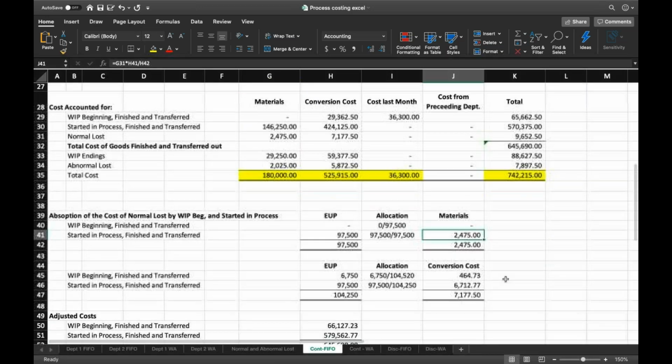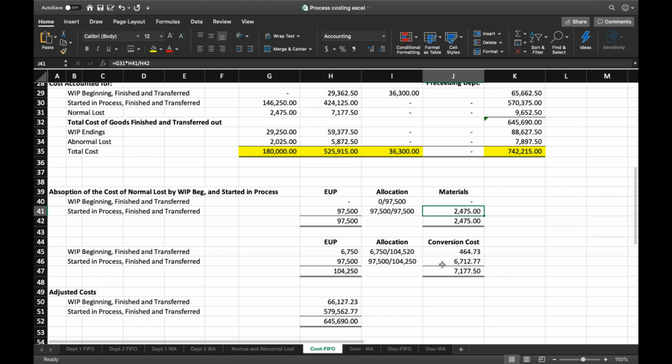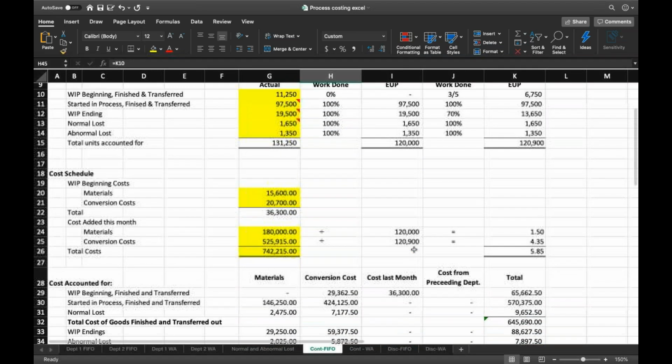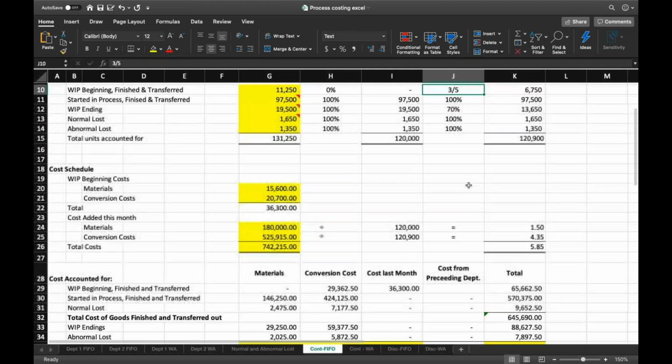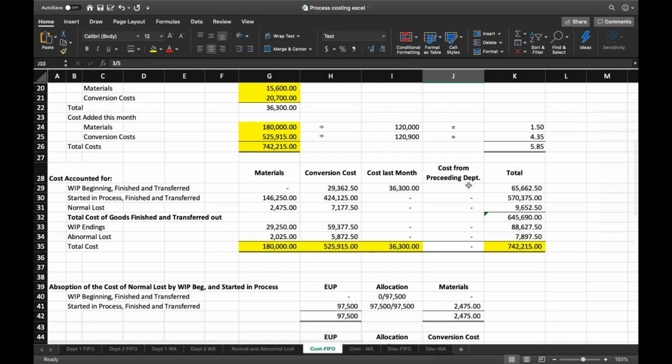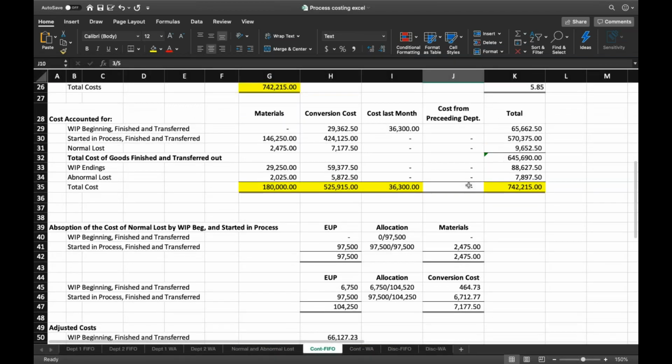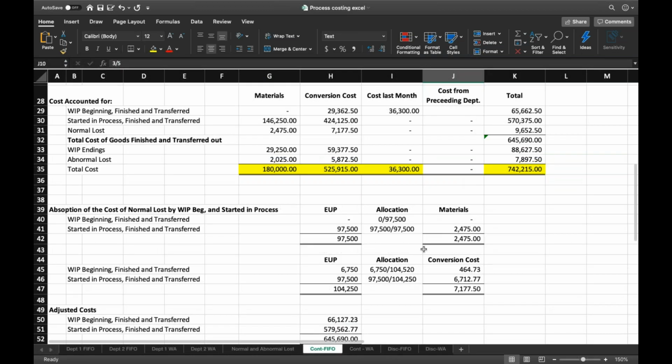For the conversion cost, yung ating work in process beginning, we still have to put 3/5 conversion cost at nakarating siya sa dulo, na finish siya at na-transfer siya. So therefore, narating niya yung inspection point. Kaya, meron siyang share sa conversion cost ng normal lost units.